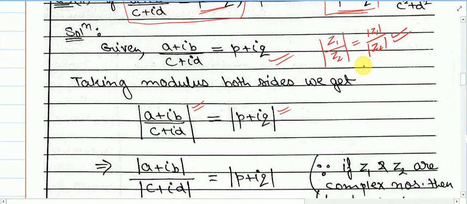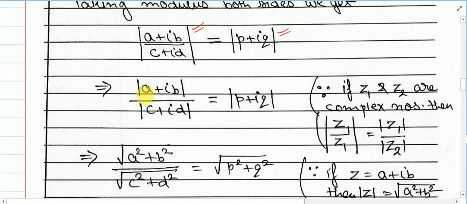So by this property, in the very next step, we can write mod a plus ib upon mod of c plus id is equal to mod of p plus iq. Here I have given you the reason also why we have come to this step. So if you have got two complex numbers, then this property holds.